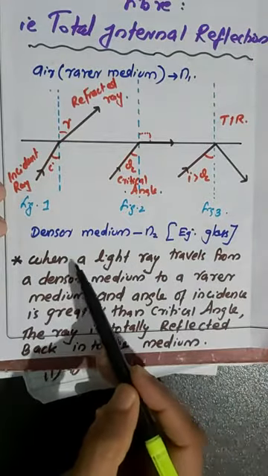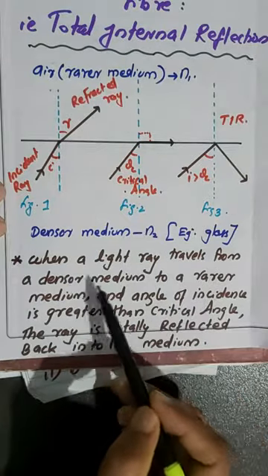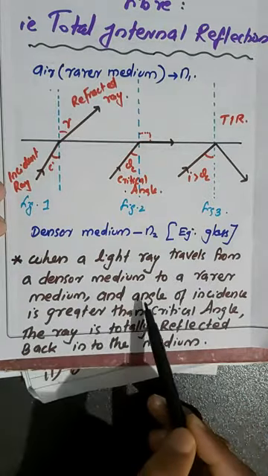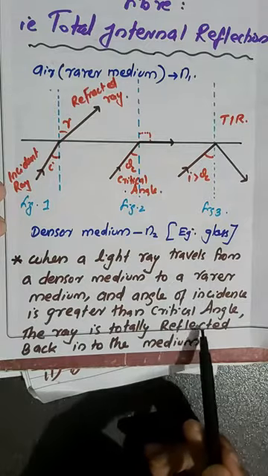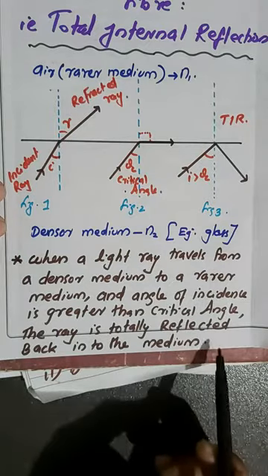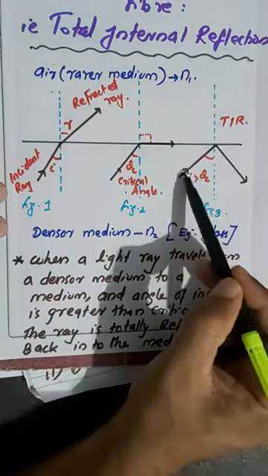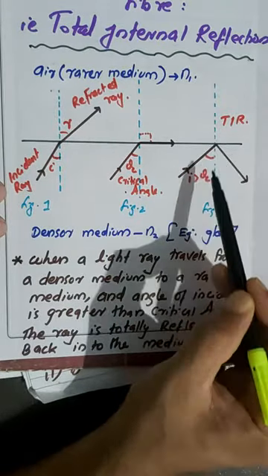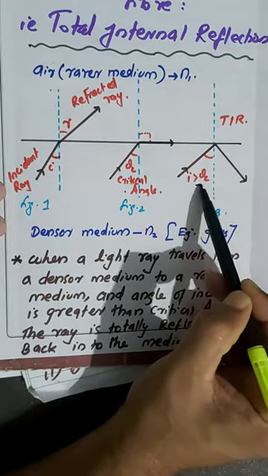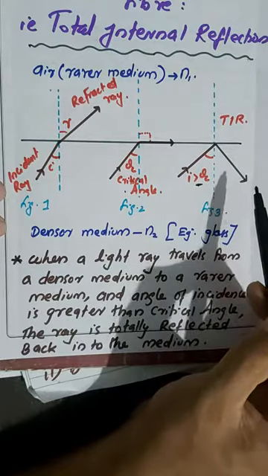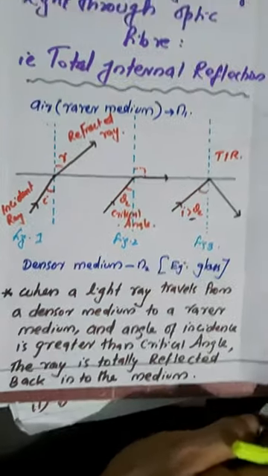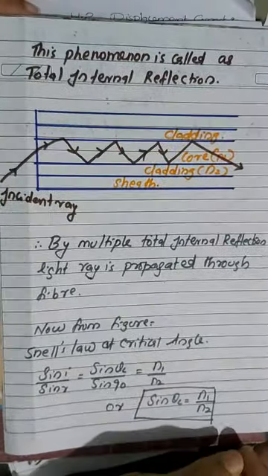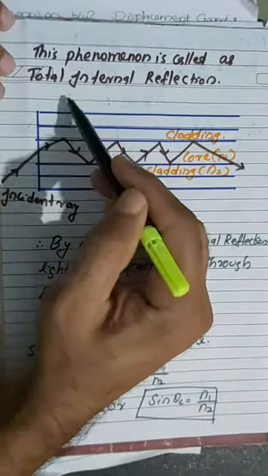To explain: when a light ray travels from a denser medium to a rarer medium and the angle of incidence is greater than the critical angle, the ray is totally reflected back into the medium.